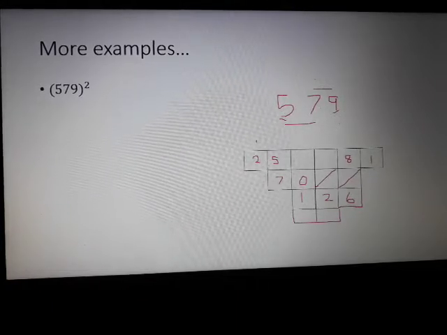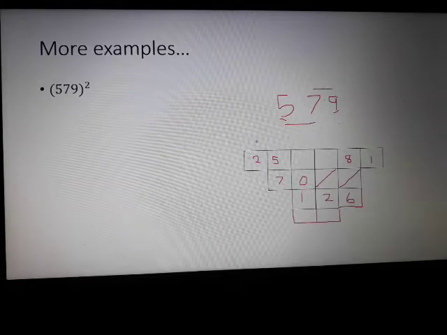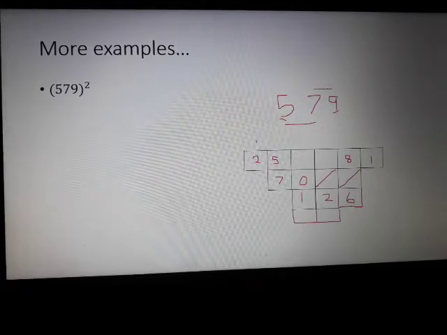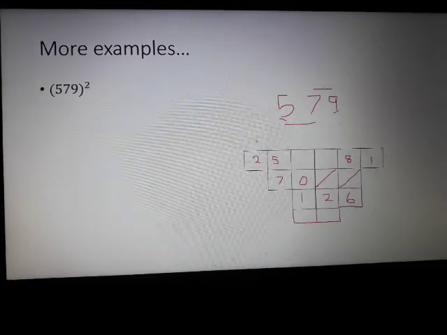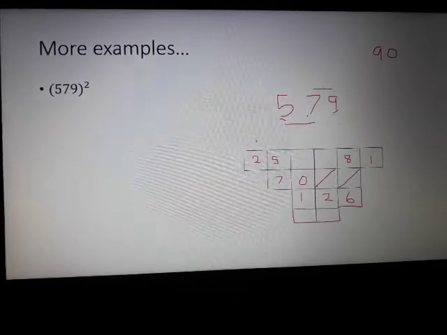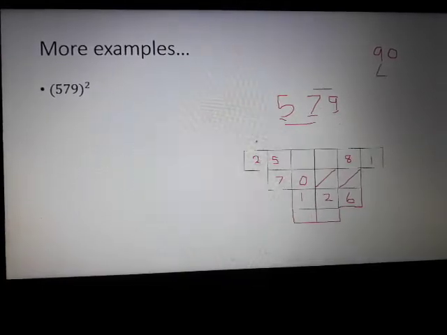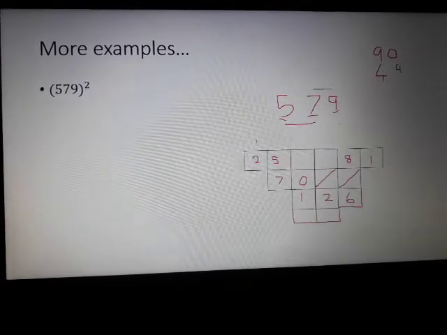Now proceeding for the last step, take all the 3 digits, multiply the first and the last digit, and multiply that result with 2. We have 5 9s are 45, 45 2s are 90. Then square the middle digit. We have over here 7. The square of 7 is 49. Add them.